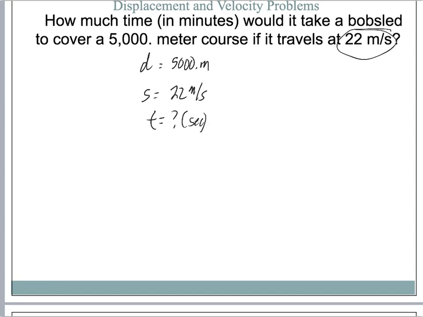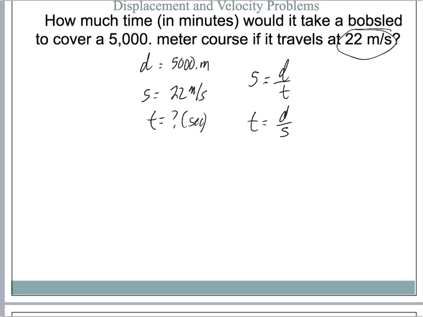So what formula are we going to look for? We need a formula that has speed, distance, and time: speed equals distance over time. We rearrange to get t equals distance divided by speed. Be very careful here. A lot of students want to just multiply.